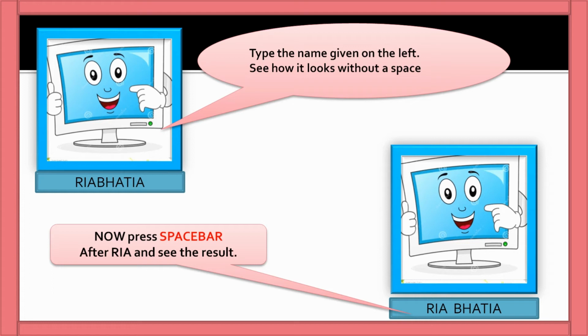So I typed RIYA, then pressed the spacebar key, then typed BHATIA. So the second is the correct method for typing the name because it provides the blank space between the first name and the last name.